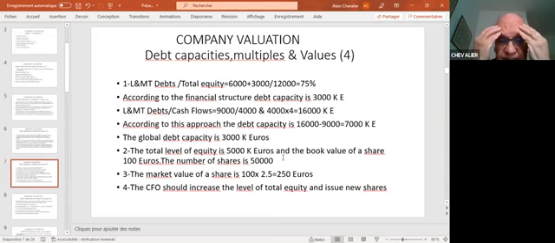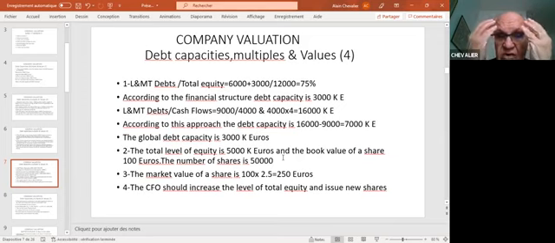And remember that when we create more shares, they are registered first for their book value, which is also 100 euros. And if the price which is used is higher than the book value, the difference between the price which is paid, the cash brought by the shareholder, and the book value is incorporated into the other element, into the retained earnings.